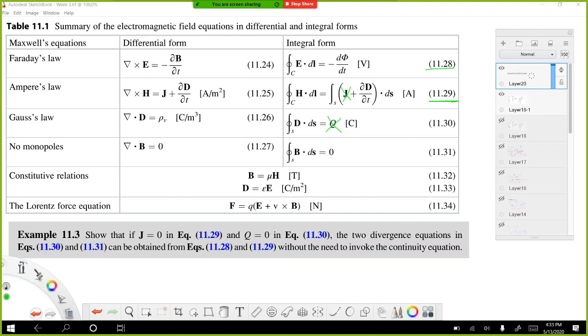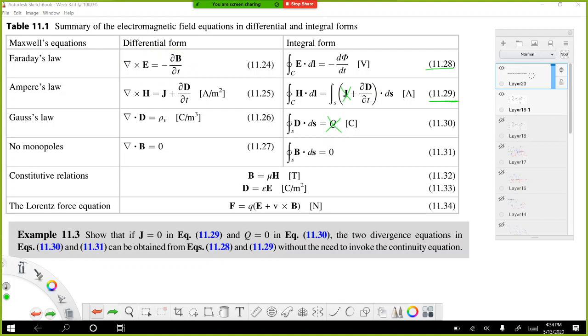We know that 1124 and 1128 are the same equations. So let's take the divergence of this equation.